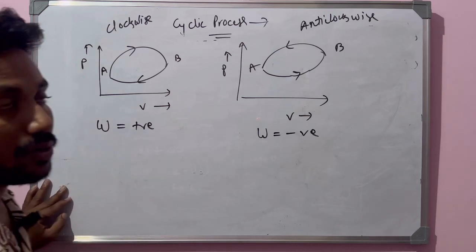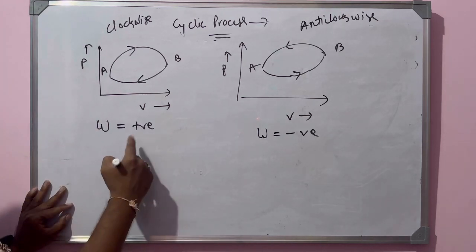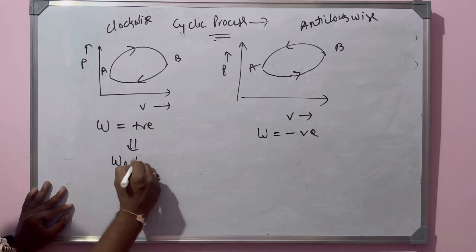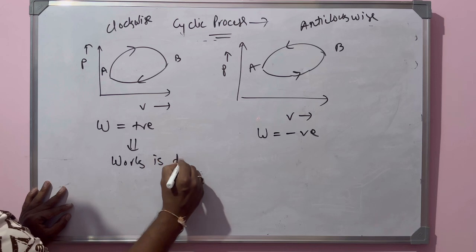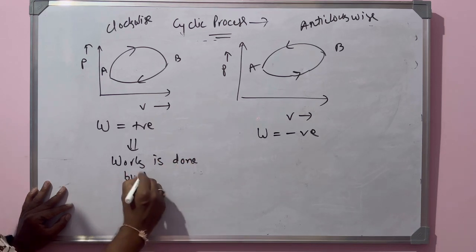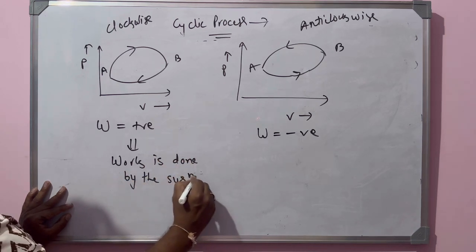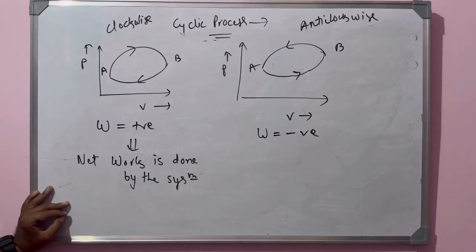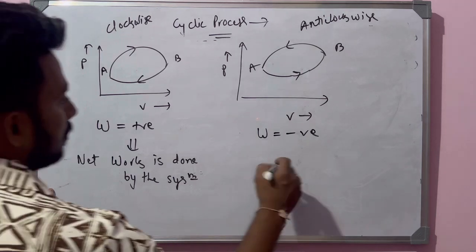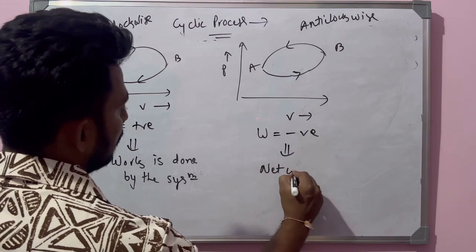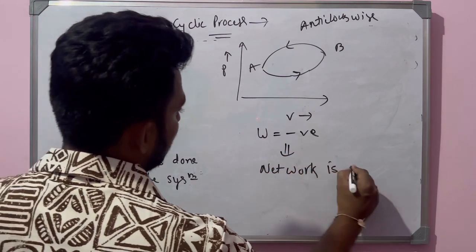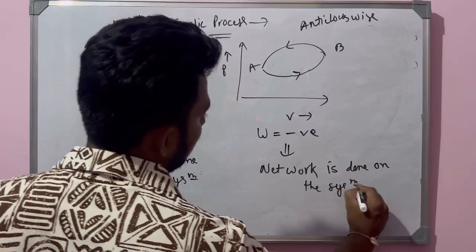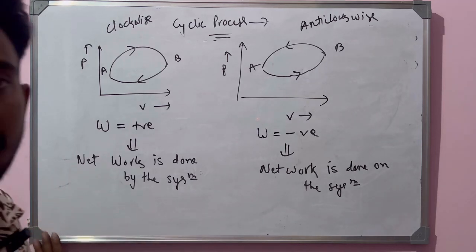If work done is positive, all in all, you can say the net work is done by the system. If work done is negative, you can say net work is done on the system. This is the convention that we follow in physics.